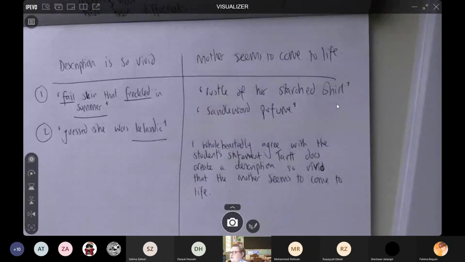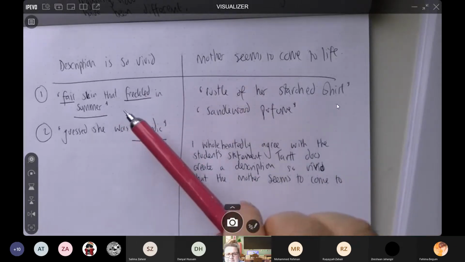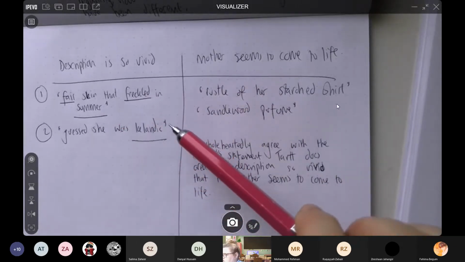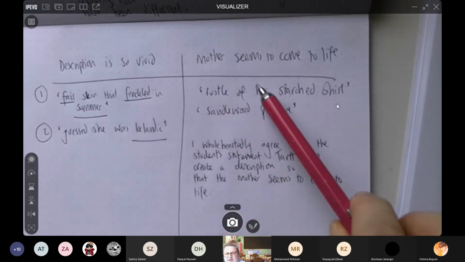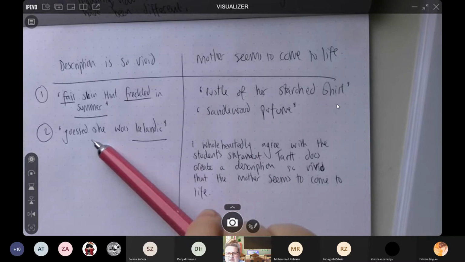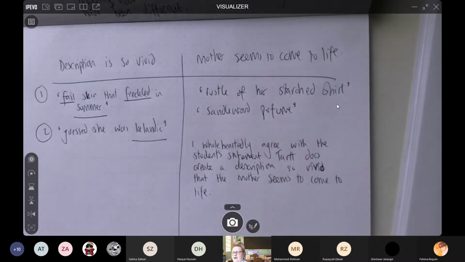So the next thing we need to do is take the ideas that we've got here. Now I would suggest that you do one idea from here, one idea from here, another idea from here, and another idea from here, and that you do an evaluative paragraph on each of those.